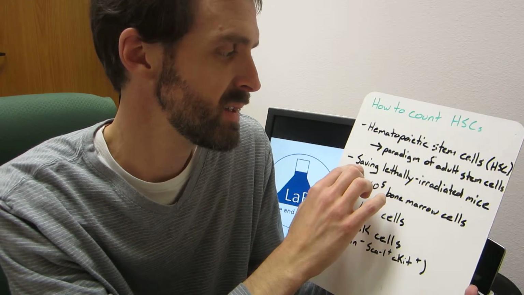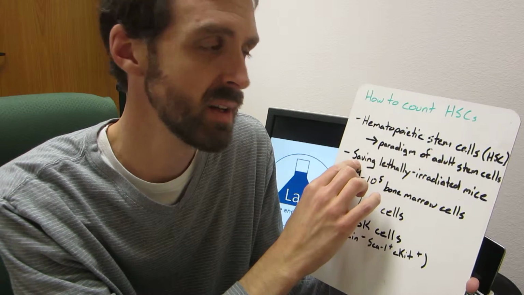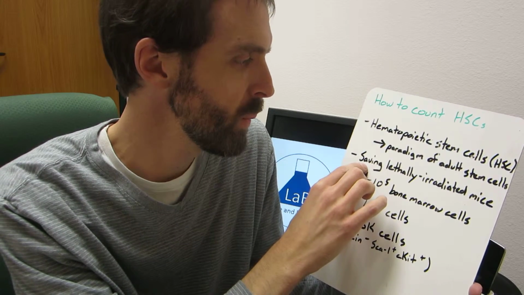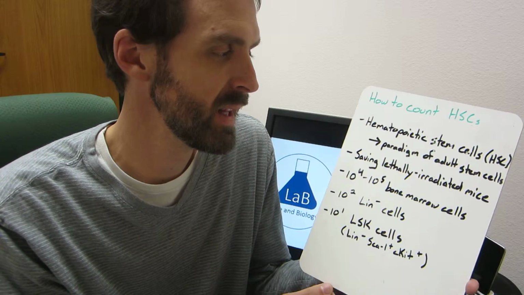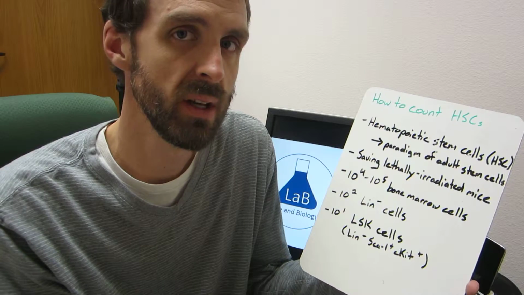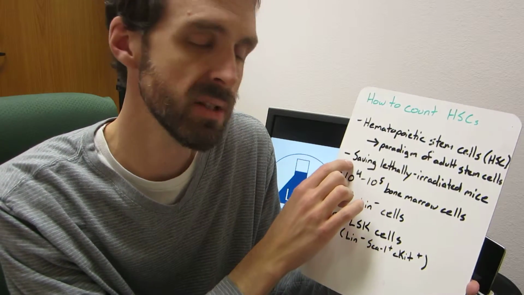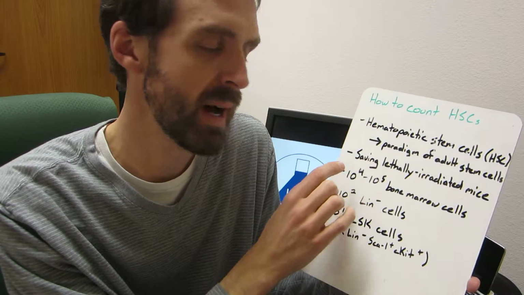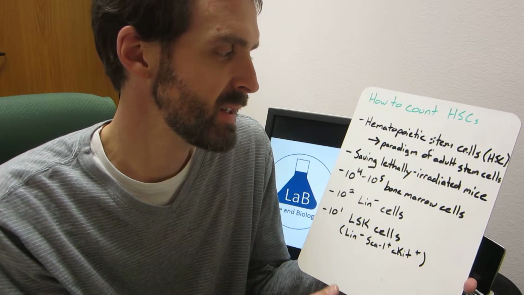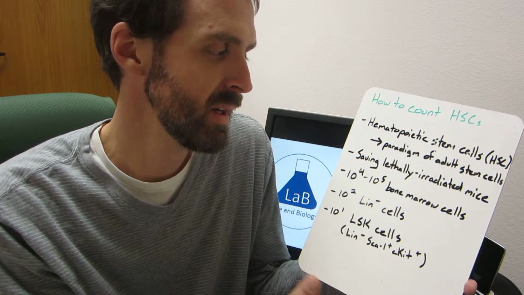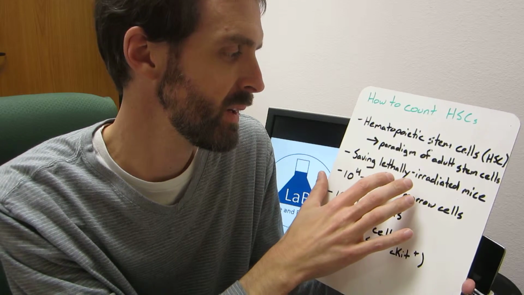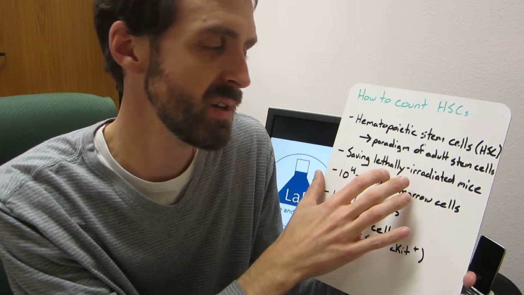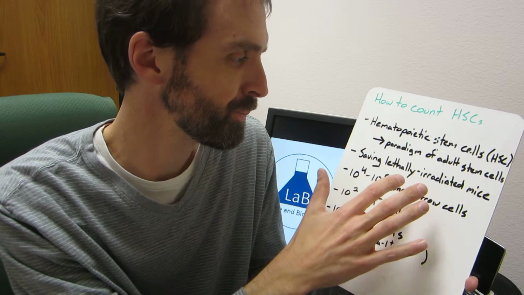To study these cells, there were some interesting experiments where you can take a mouse and give it a level of radiation that would normally be lethal, but the scientists would save the mice from dying by adding in cells from a non-irradiated mouse that could go in and replenish the hematopoietic compartment, which is your red blood cells and white blood cells.